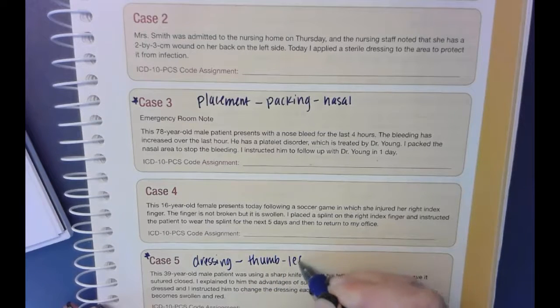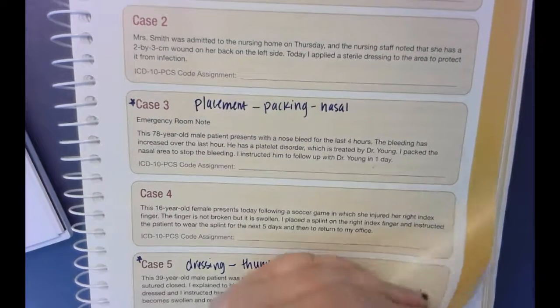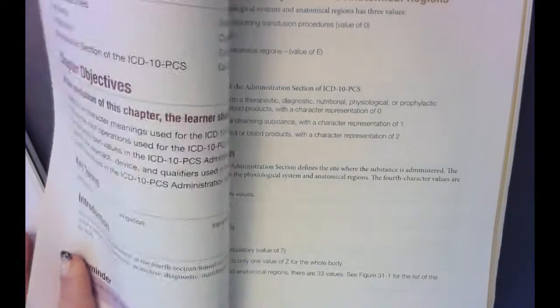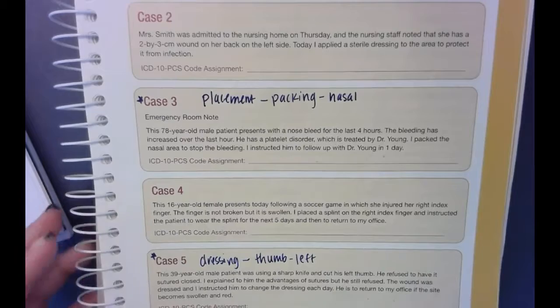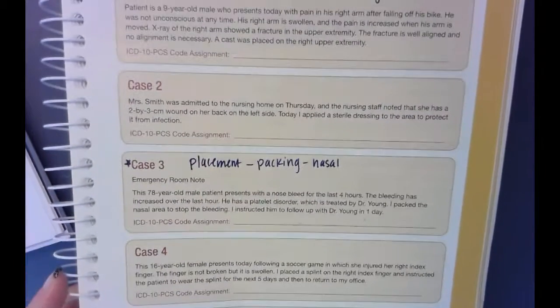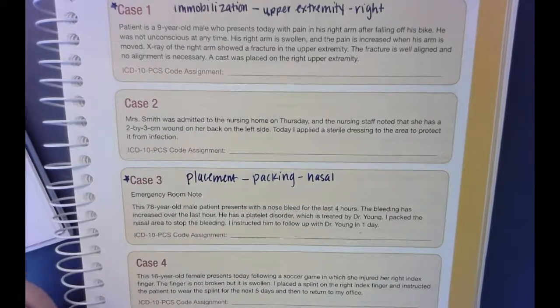then left. Okay, so I've mentioned this before in the conference videos, and I think that's all of your case studies for this week. So with these PCS codes, you want to always look up the root operation that happened, and then look up the body part, if applicable, and then any modifiers. So whether it was right or left or bilateral or anything like that.